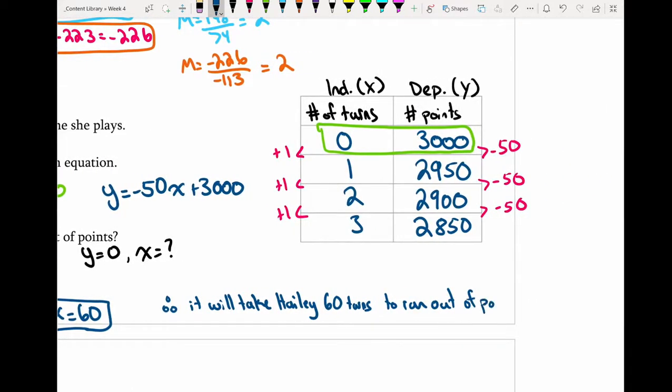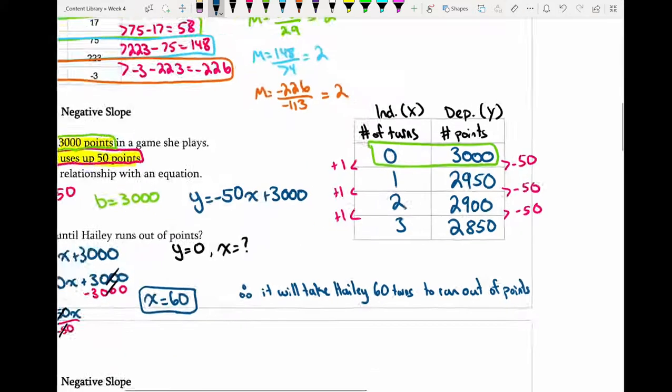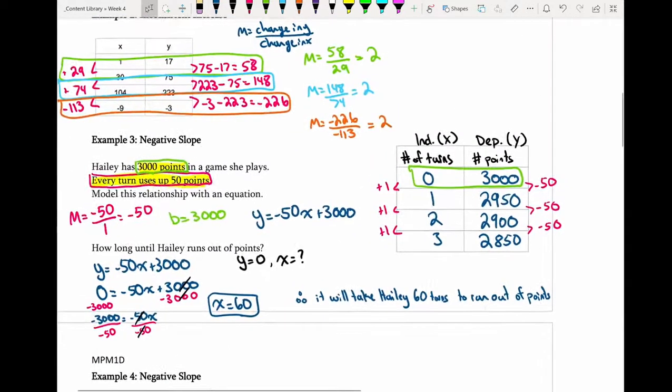of points. And again, you could have reasoned through that in another way. You could have just recognized, well, I have 3,000 points. Every turn uses up 50, so you could do 3,000 divided by 50, and that would give you your number of turns. If that wasn't quite clear, you can always rely on the equation to help you figure that out. And the equation can be used for many other things, not just finding when you run out of points.